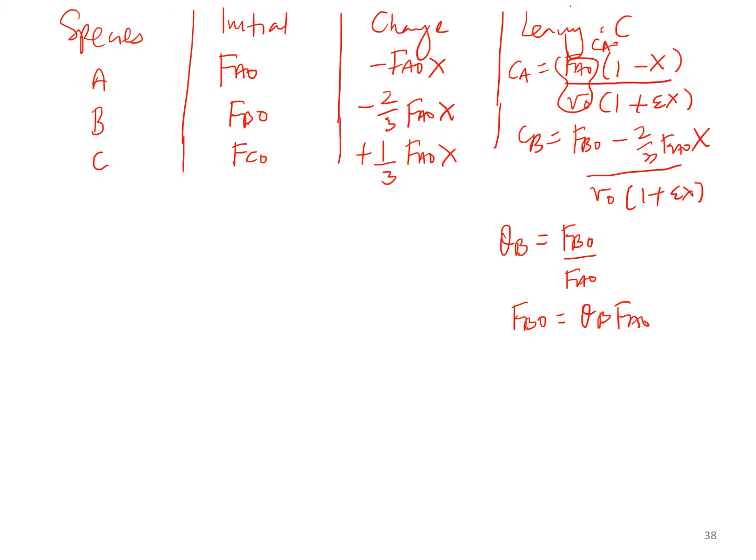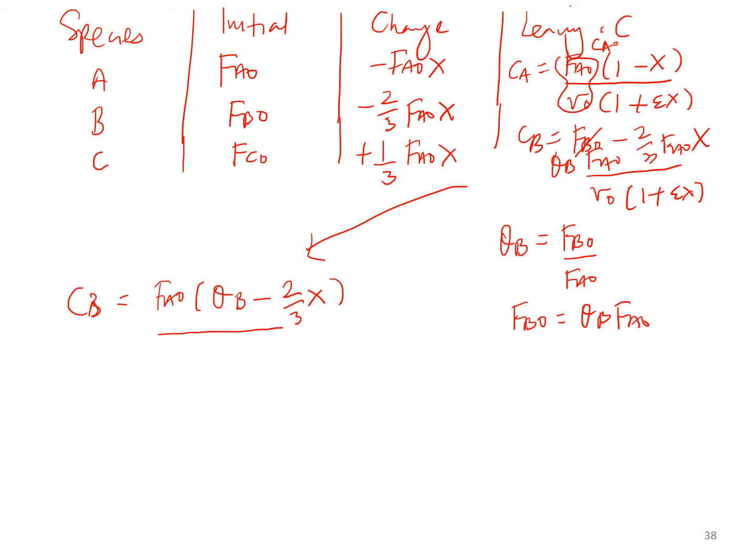So CB is equal to FA naught times theta B minus 2 over 3 X. The FA naught is put outside, and then we have V naught times 1 plus epsilon X, so this becomes CA naught.